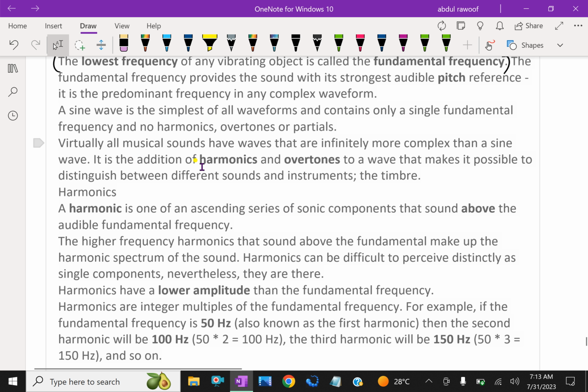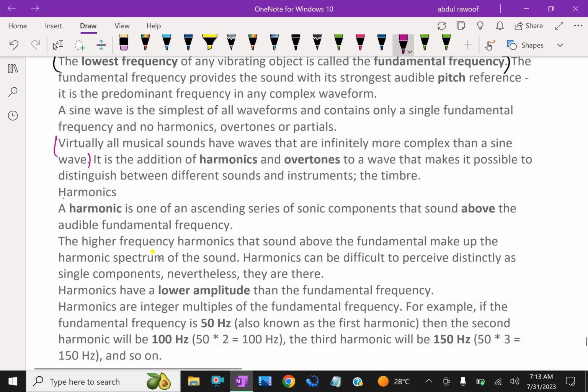Virtually all musical sounds have waves that are infinitely more complex than a sine wave. It is the addition of harmonics and overtones to a wave that makes it possible to distinguish between different sounds and instruments, the timbre.